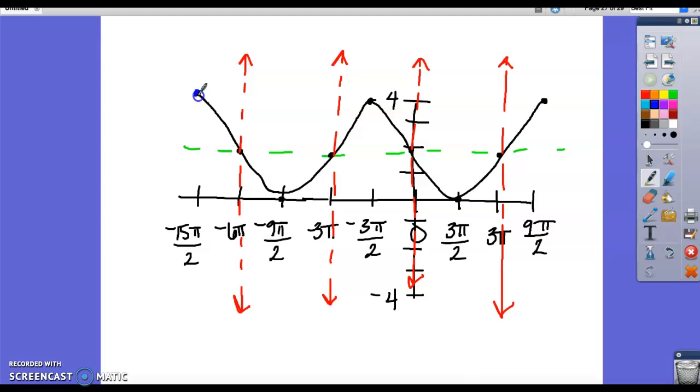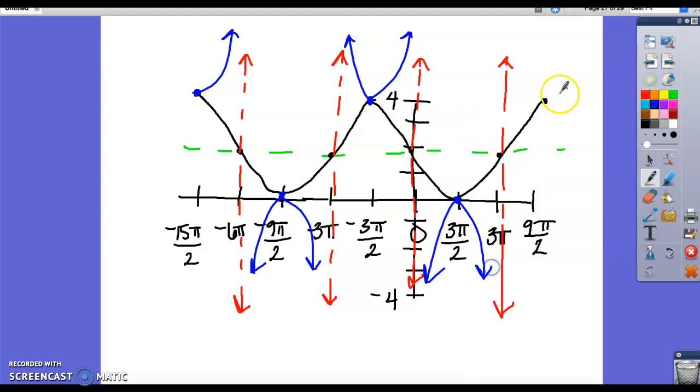And then from there, I can fill in my cosecant, I'm sorry, my secant function. And it looks like that.